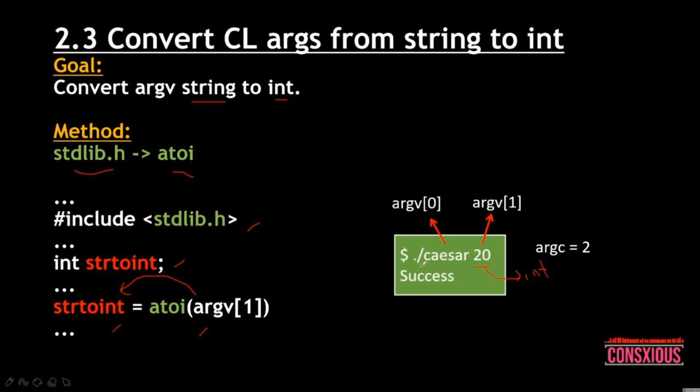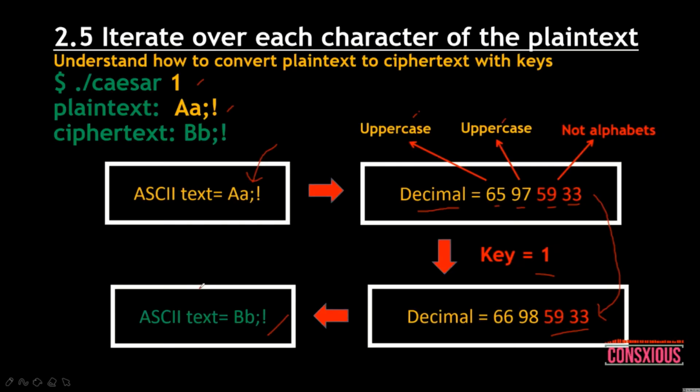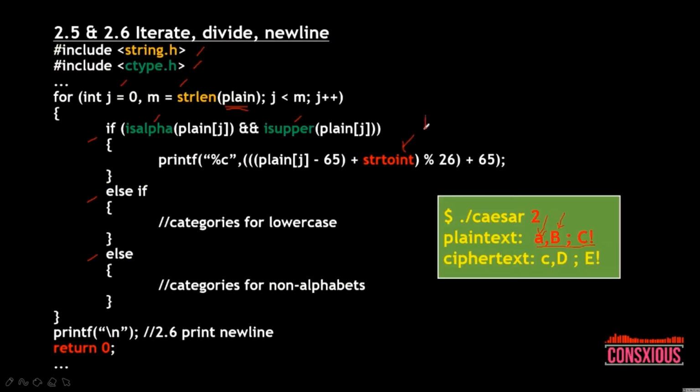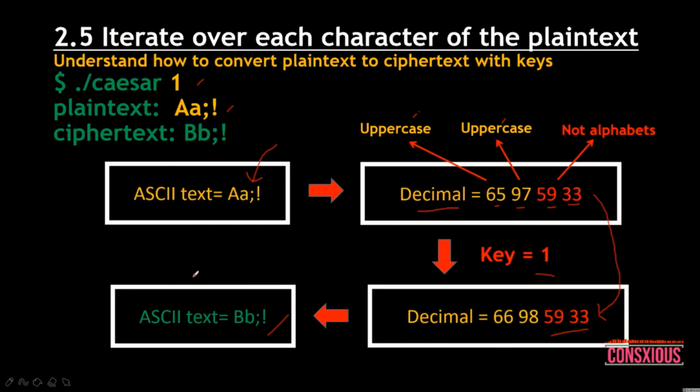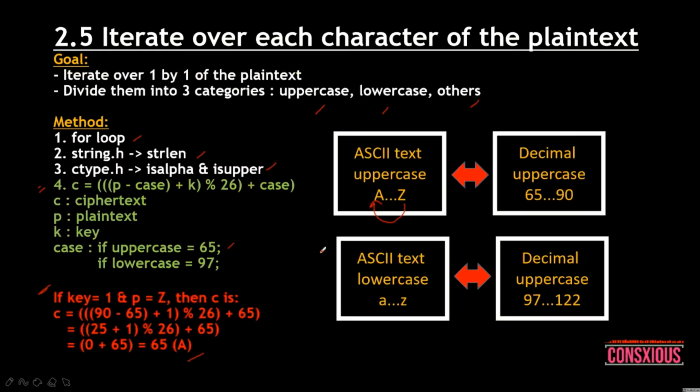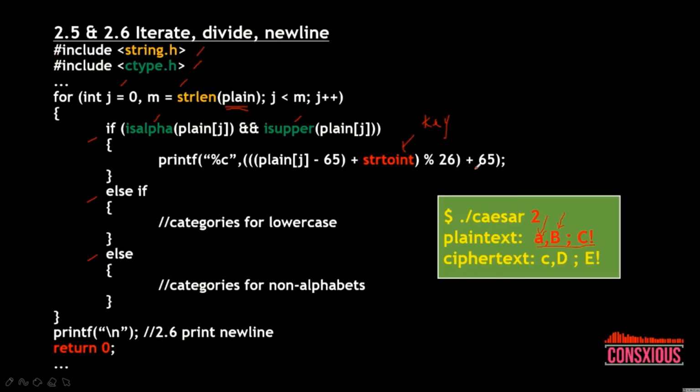The string converted to integer is the key actually. So this is actually the key here, but it's already converted to integer. So we just have to apply the formula. When we apply the formula, it auto converts into this text here. So this is the method of the formula.